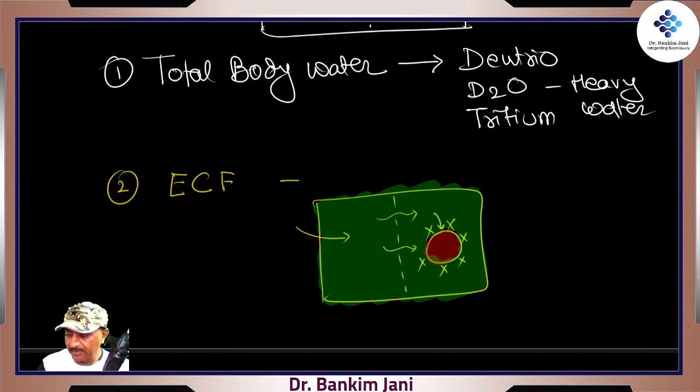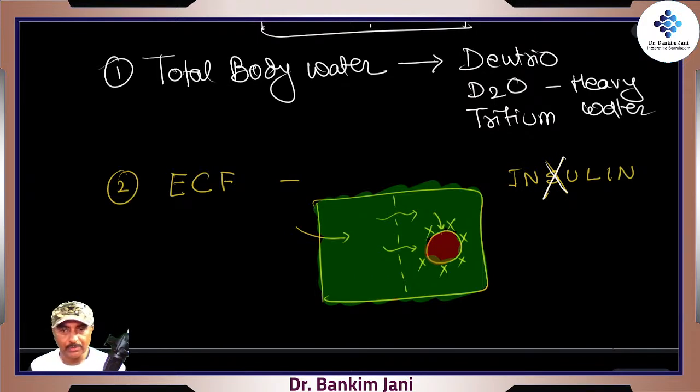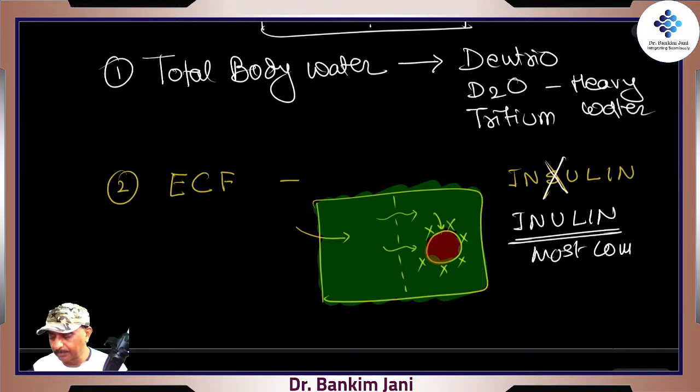Such a substance is, and I am cutting this S so that you never make a mistake, it is not insulin, it is called inulin. This is the most common. So when the inulin is injected, it would remain in the extracellular fluid. That means it will go into the interstitial fluid and the plasma, but not the intracellular fluid.